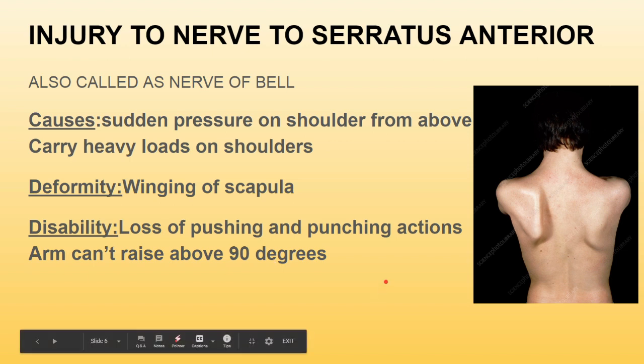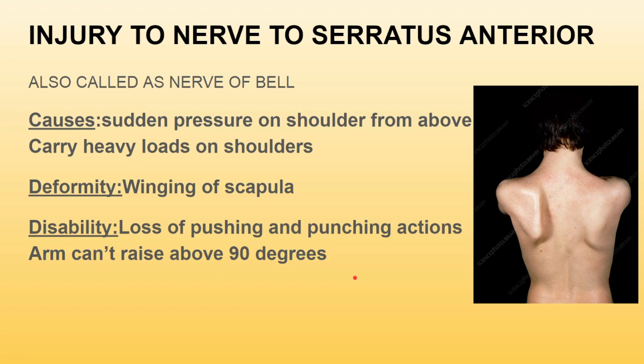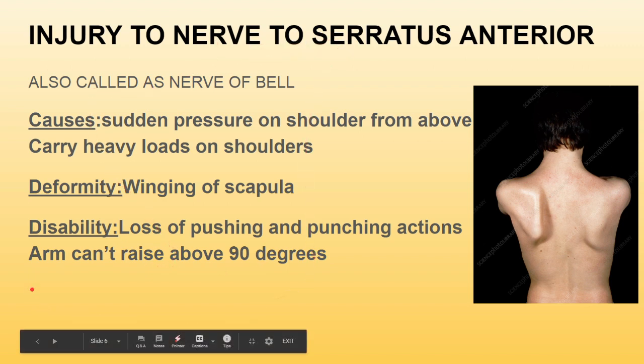But here, because of the injury to the nerve to serratus anterior, of course the serratus anterior muscle is paralyzed, and because of this the arms cannot be raised above 90 degrees. So remember, up to 15 degrees the supraspinatus, up to 90 the deltoid, and above 90 two muscles, serratus anterior and trapezius, mainly act for abduction of the arms. Because the injury here occurs to the nerve to serratus anterior, the arms cannot be raised above 90 degrees.